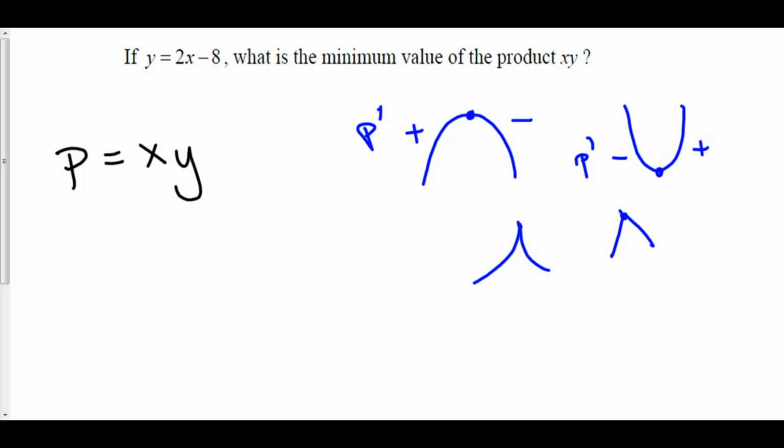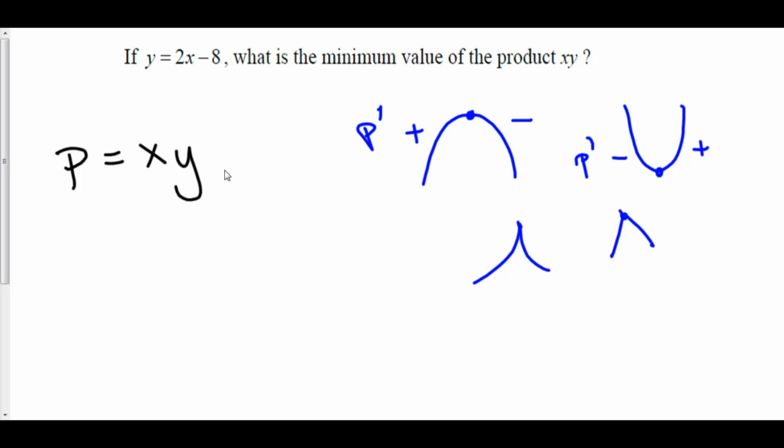You are usually going to be given a secondary piece of information that will help you solve for only one variable. Here they told us that y is equal to 2x minus 8. That's huge, because we can substitute in 2x minus 8 for y, in which case we only have one variable now.